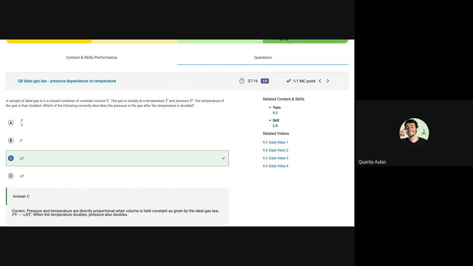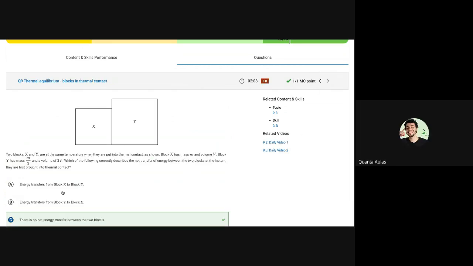If the temperature of the gas is doubled, then to make this thing equal to this thing, we have to double the pressure too, right? Because these numbers will simplify, and you will have the same thing on both sides of the equal sign. So you can always use this form. It is easier for us here.